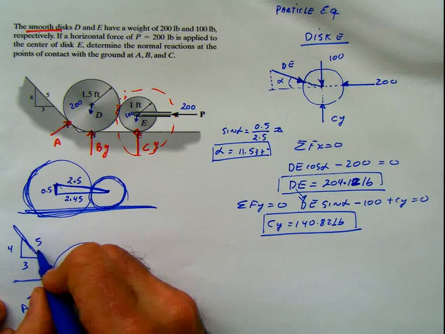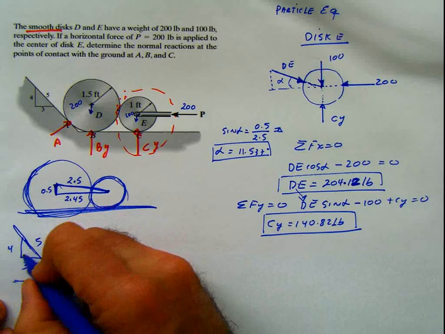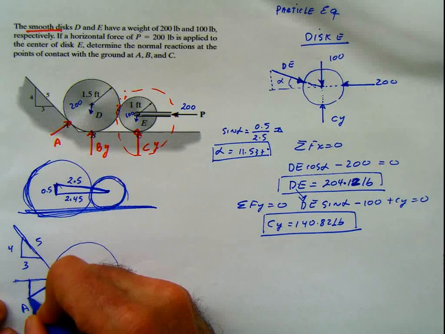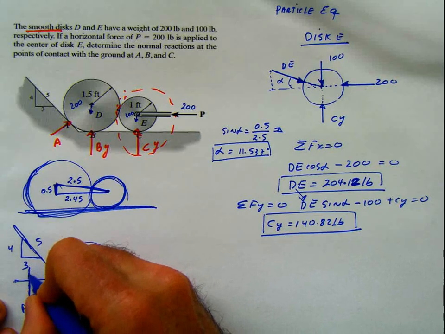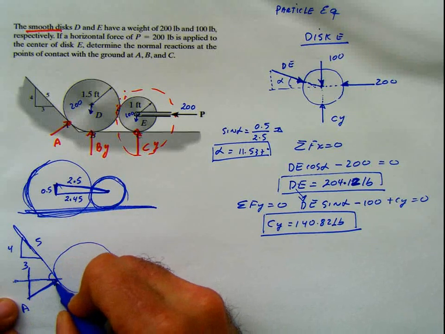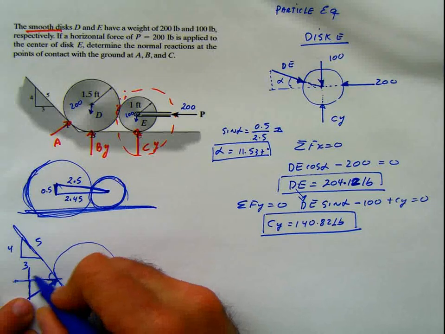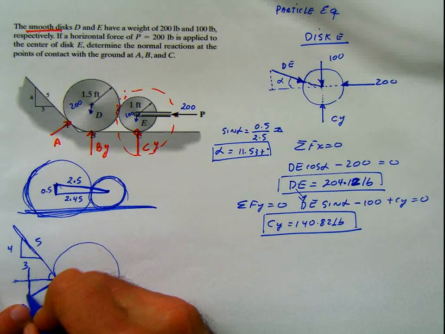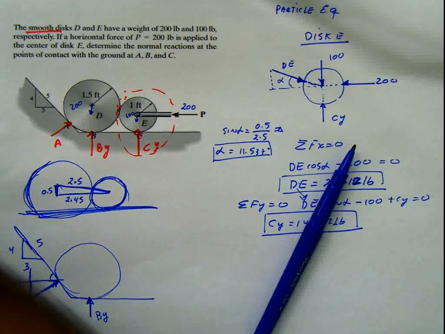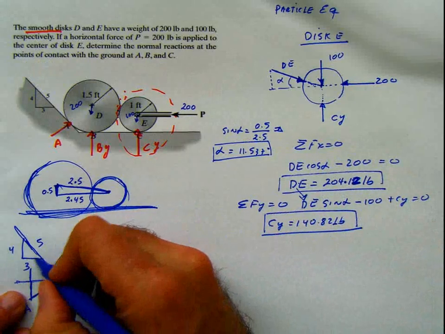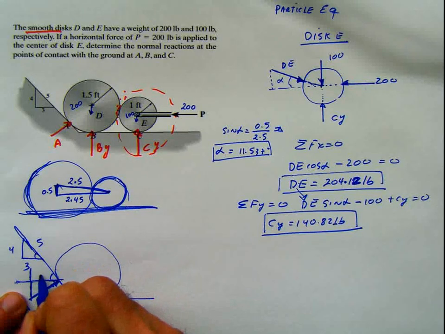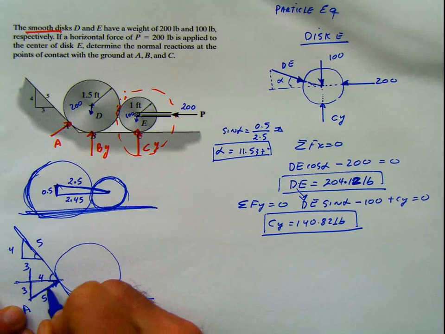So when you have this angle here, 3, 4, 5, you know this angle is this one, and if this is the complementary angle, then this is going to be switched to 4, 3, 5 for this one.